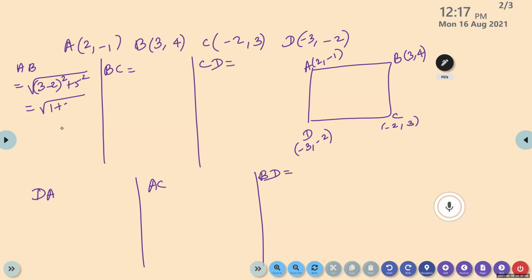All the sides you should get root 26. Now the 5K. 4 minus of minus 1.